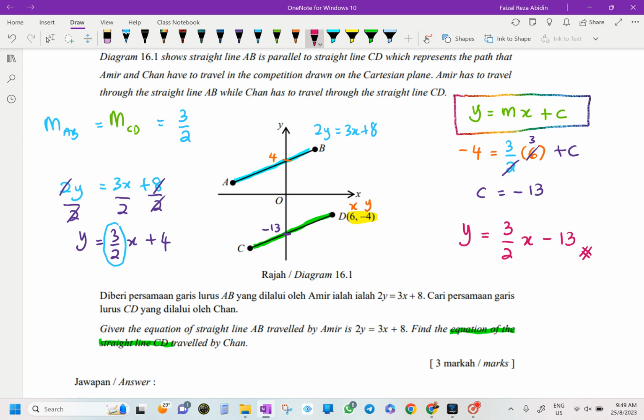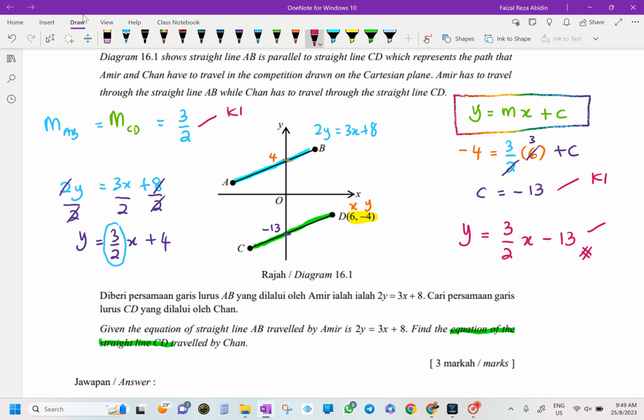I substituted, but mine is wrong. The marks that I'm going to give over here: first, if you give the gradient, that is 1 mark. The second mark, if you can state your C, 1 mark.